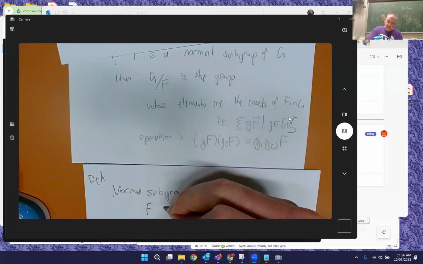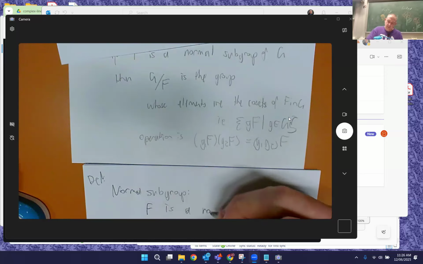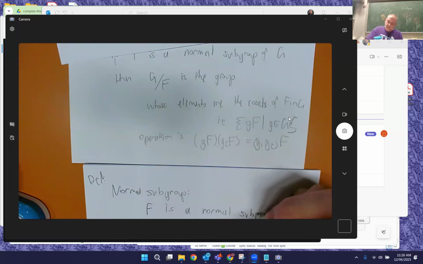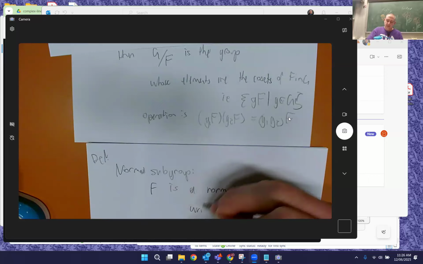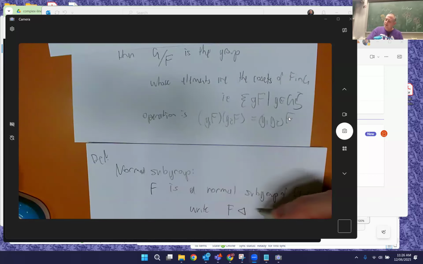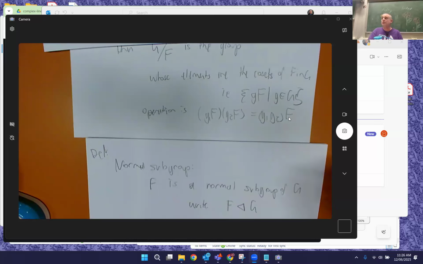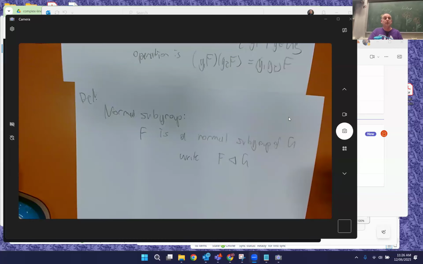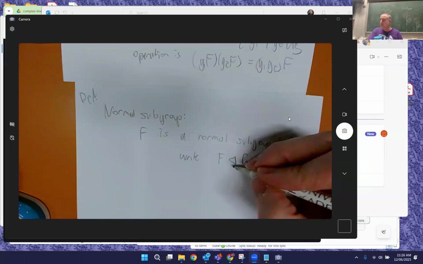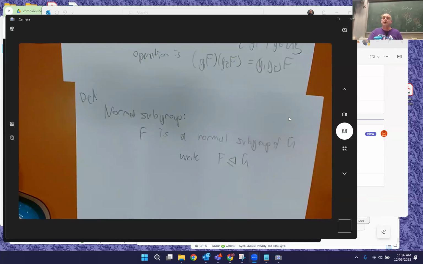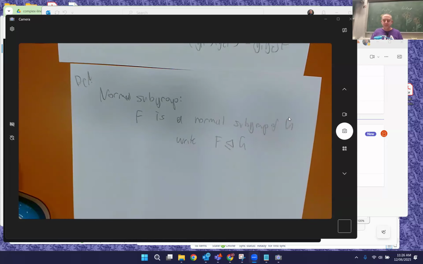So F is a normal subgroup of G, which you write like that. Is that right? With a triangle? So without the equal, it's properly smaller. Okay. We write that. So F is a normal subgroup of G, and you write that.